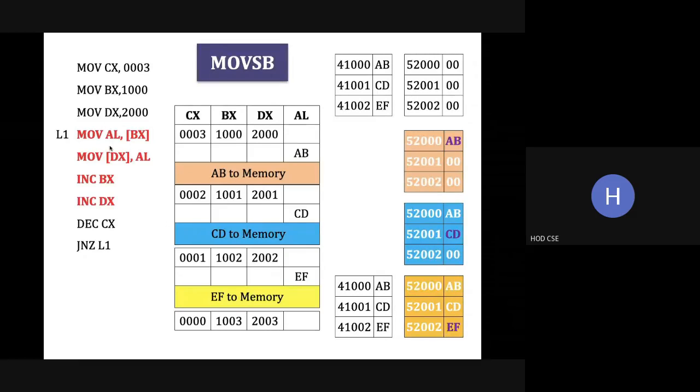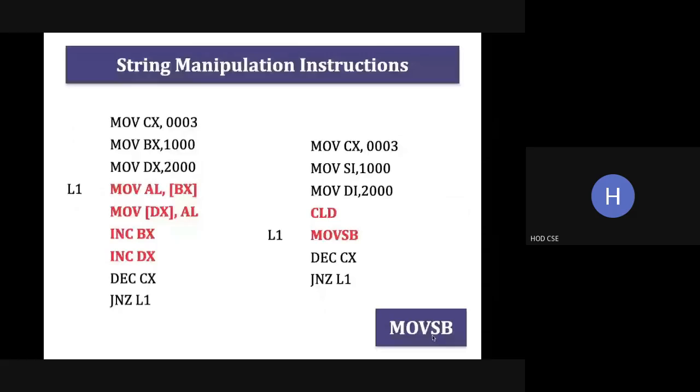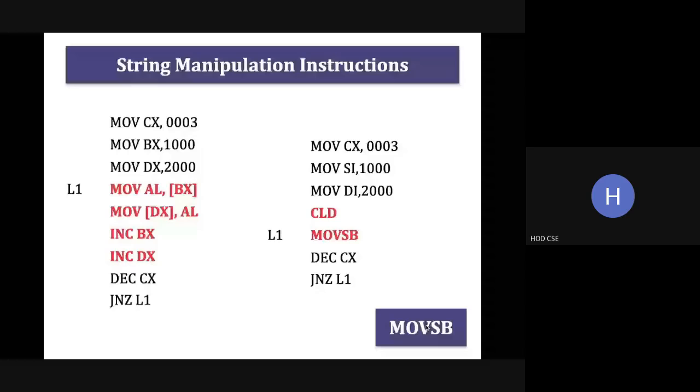So this is by using the move instruction, just transferring the data from one location to another. Let's see how we do it with the string instruction, move string byte. I have explained this program earlier; move string byte means moving the data from one memory location to another. Here, the condition is that instead of the BX register, this must be the source index register.